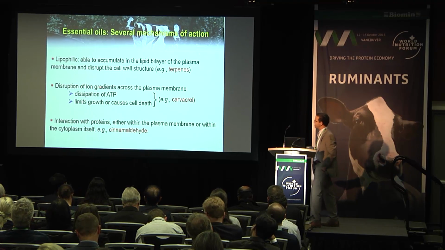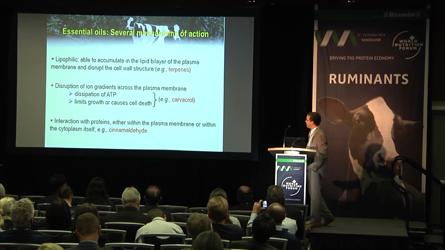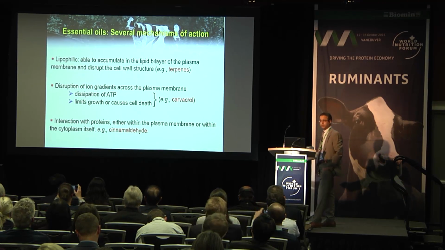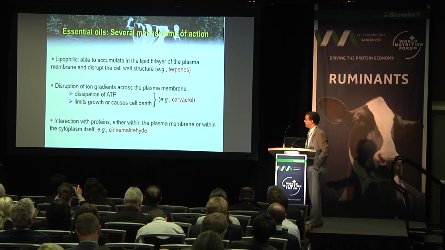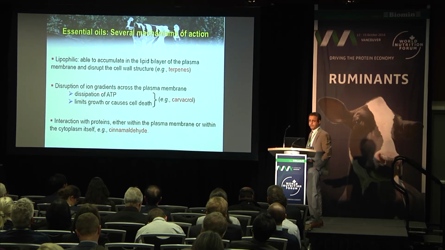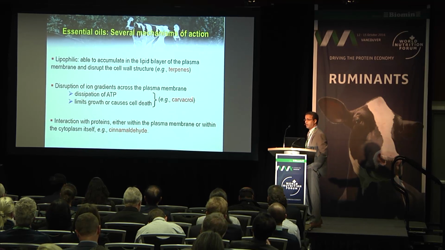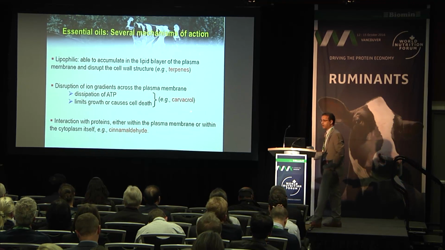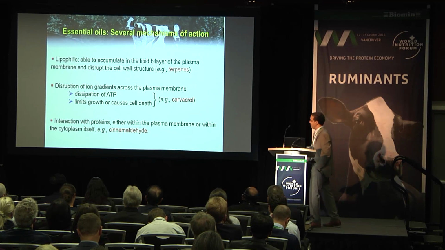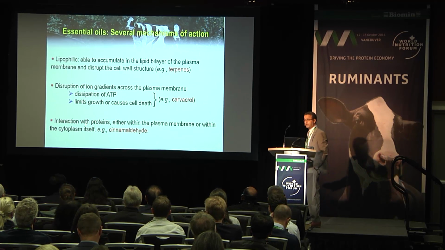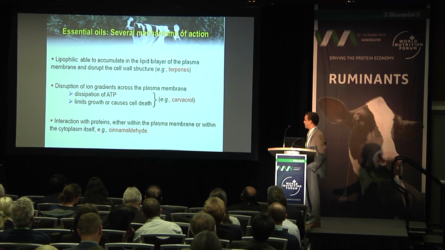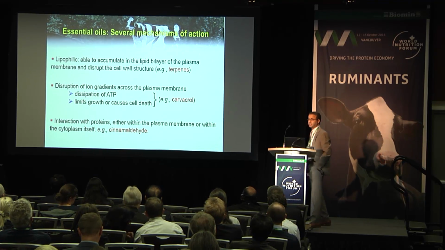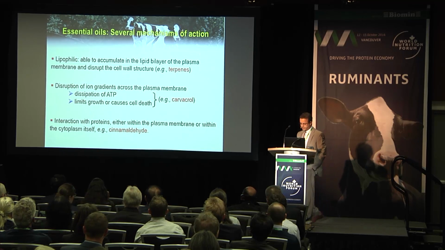They can disrupt the ion gradients across the plasma membrane, which leads to the dissipation of the ATP pool within the cell, which can limit the growth or even cause the death of the cell. This is typical of the mode of action of phenolic compounds such as carvacrol. Finally, they can interact with proteins either within the plasma membrane or within the cytoplasm itself, and this is the case for cinnamaldehyde, for example.